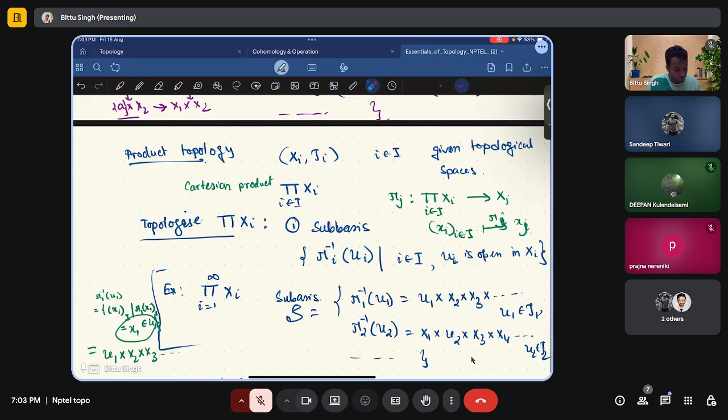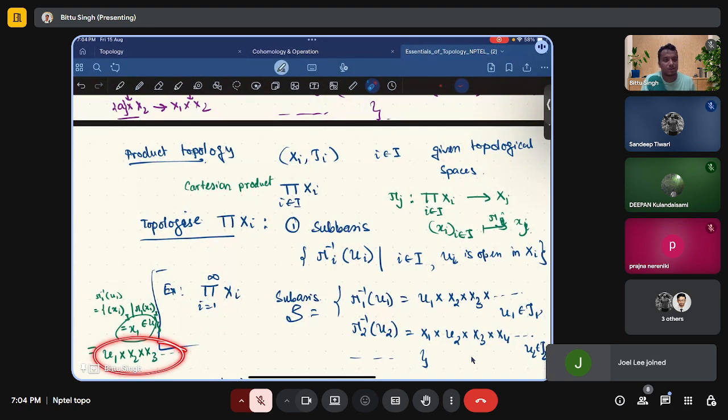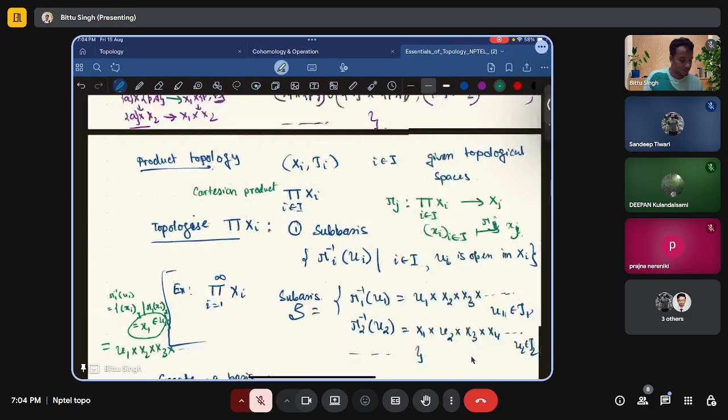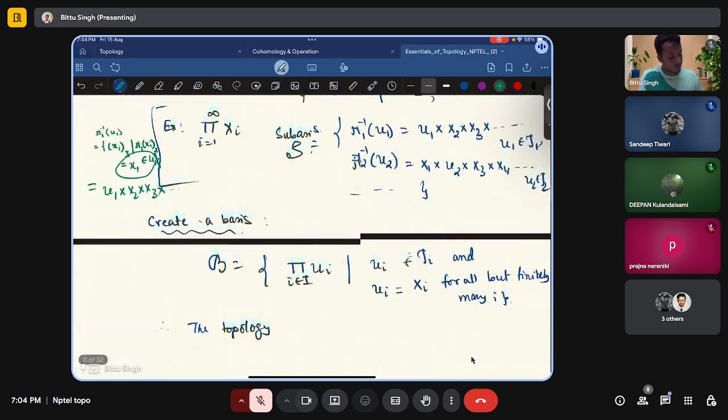Take any point from the complement of this set. Complement means the first coordinate must not belong to u1, and then the projection cannot lie in u1. That is why this is the same as this, not just a subset. Is it clear? You can do this exercise, it is a set theoretical exercise, you can check.